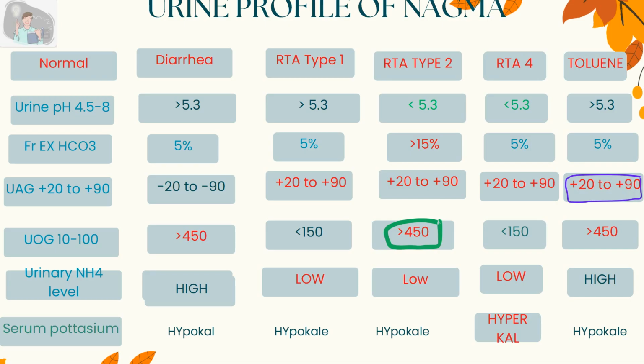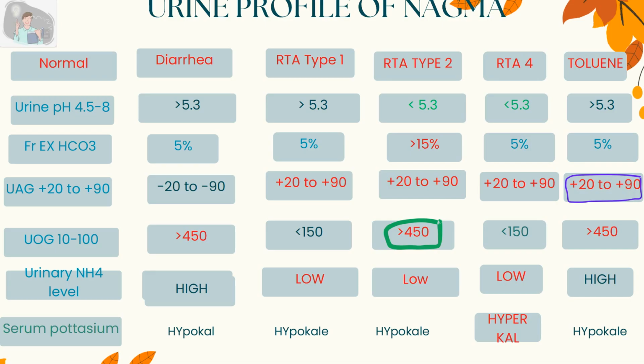Once the body has lost a significant amount of bicarbonate because the PCT is malfunctioning, then as a protective mechanism, the glomerulus stops filtering a significant amount of bicarbonate. Thereby less bicarbonate is washed out in the urine, so that helps to bring down the urinary pH.